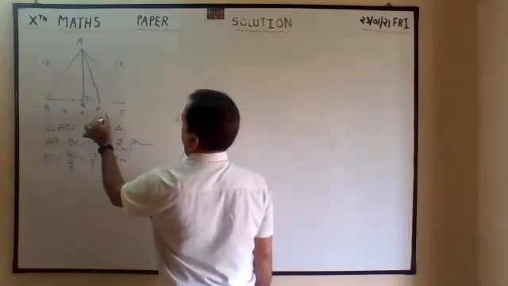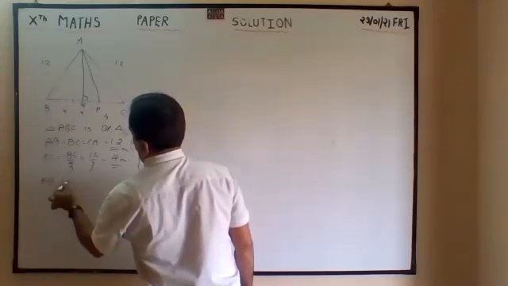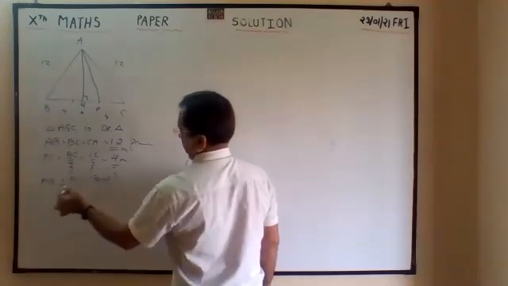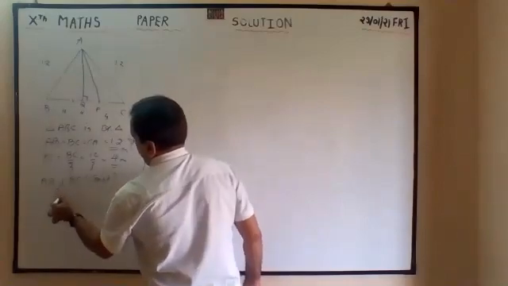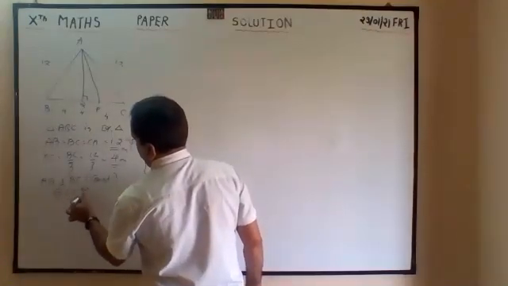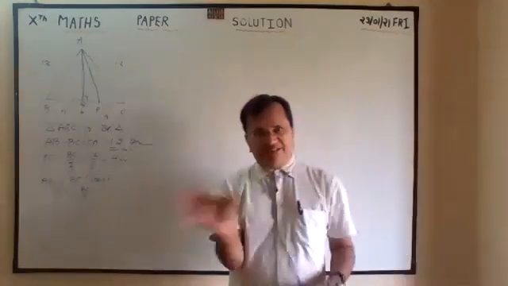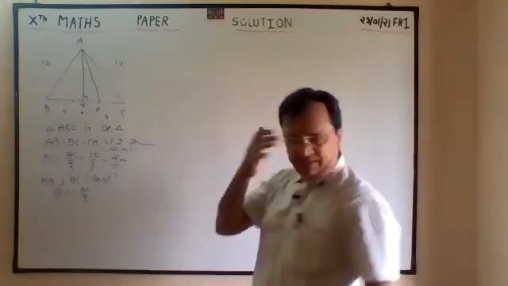So this is 4 centimeters. And AQ is perpendicular to BC, construction. Therefore, it is a bisector. So QC is equal to half of BC. If it bisects the base, it will divide it into two equal parts, right?